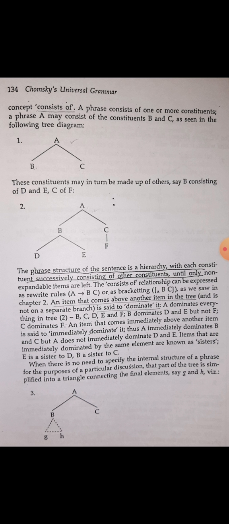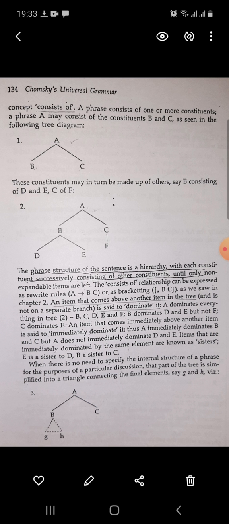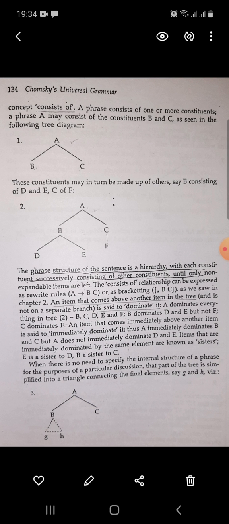And what he says is that if you look at the tree diagram given on the same page, which I've just referred to, the upper levels are dominant upon the lower levels. Any item that is being dominated by some upper element, the upper element will be called a dominant, and the items on the lower level are being dominated.